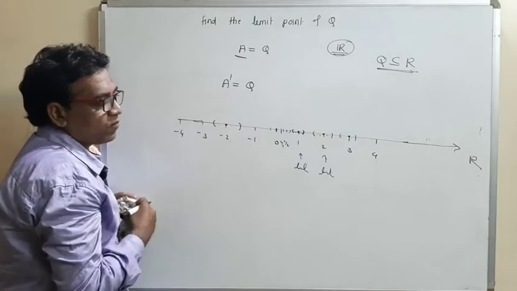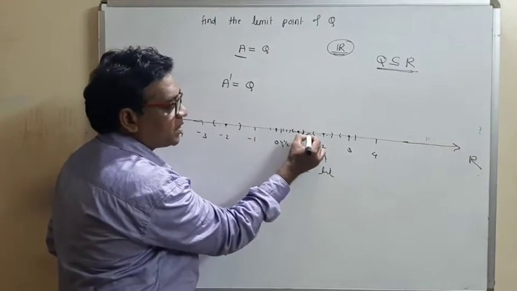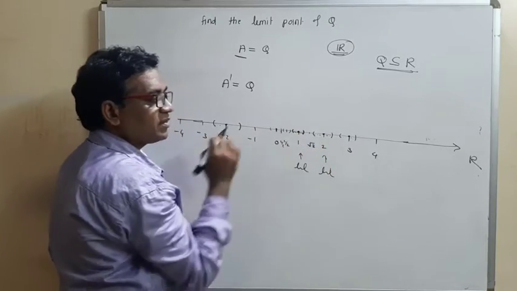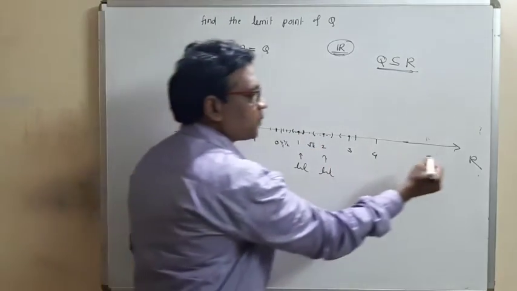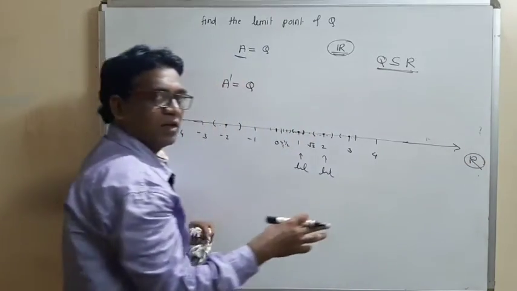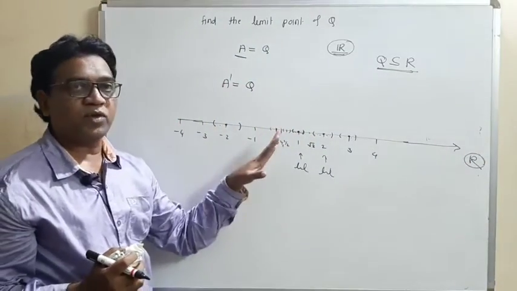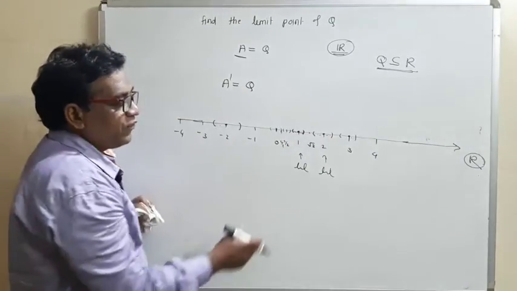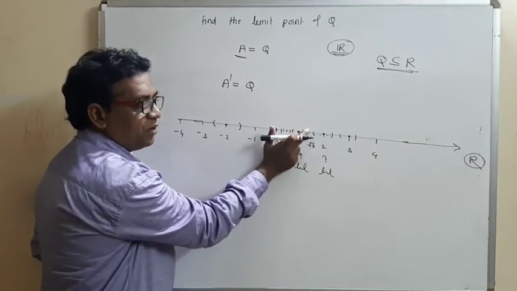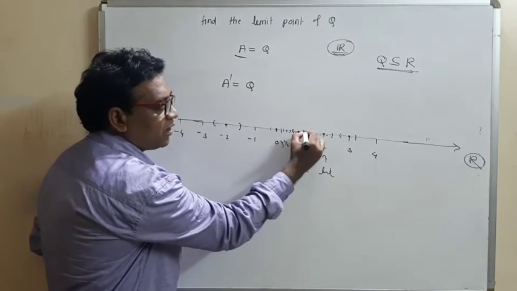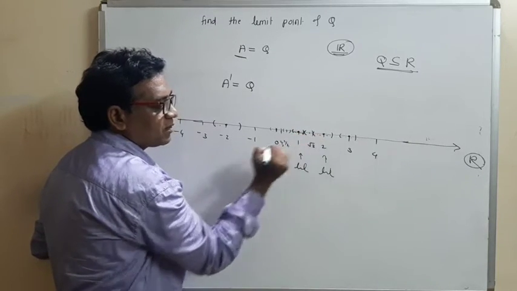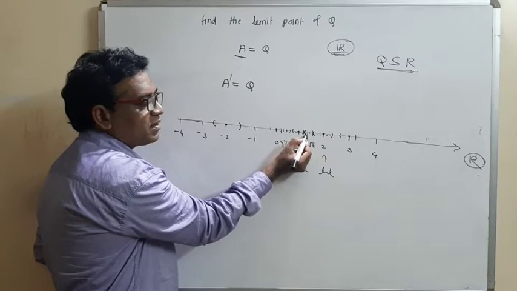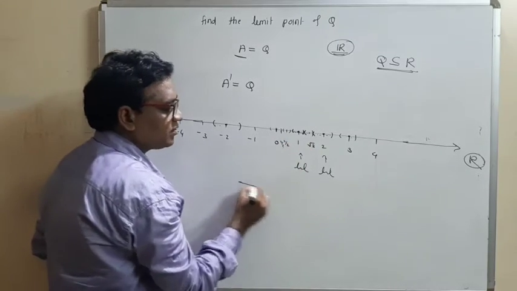Now suppose we take an irrational number, root 2. This is our space. The real line is the space, which means we can take any number, rational or irrational. Now if we take the irrational number root 2 and draw this open sphere for root 2, then this open sphere contains infinitely many rational numbers.